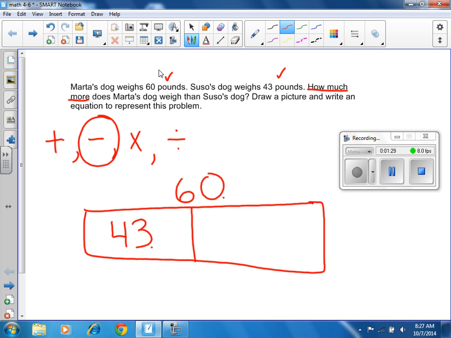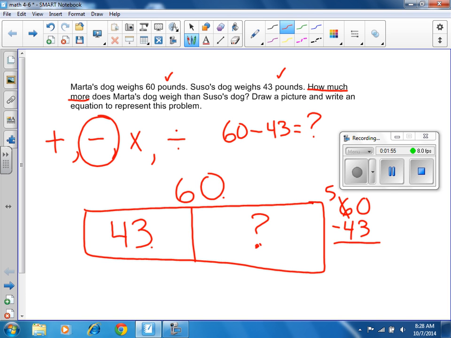So we're doing subtraction. We are going to subtract 60 minus 43 and come up with the answer to our problem. So 60 minus 43 gives you your answer.